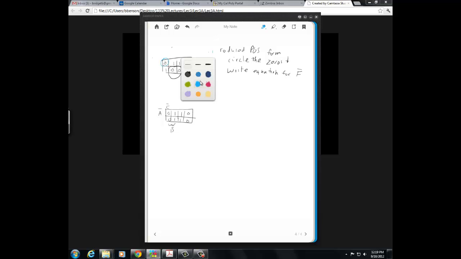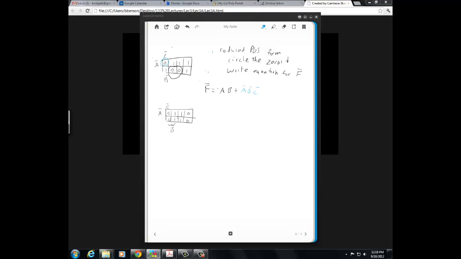So now let's write the equation for F naught. Remember we have our A naught, B naught, C naught. So this is going to be A, B, or our blue one by itself is A naught, B naught, C naught.